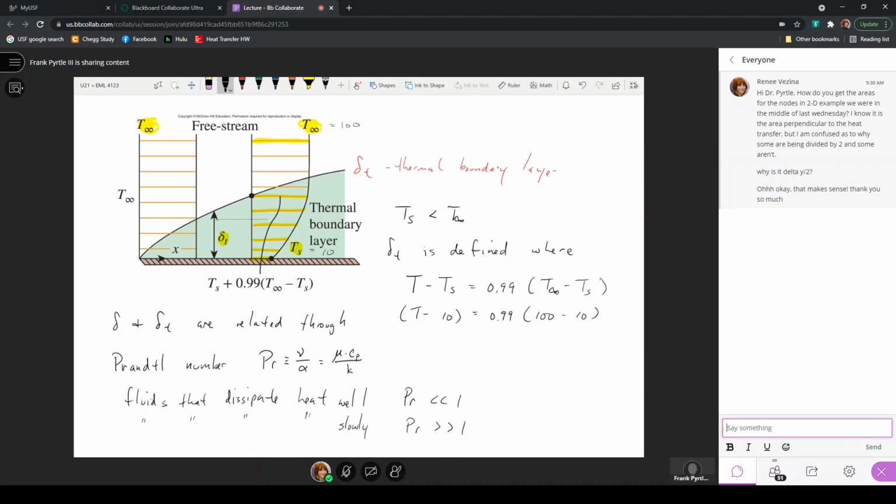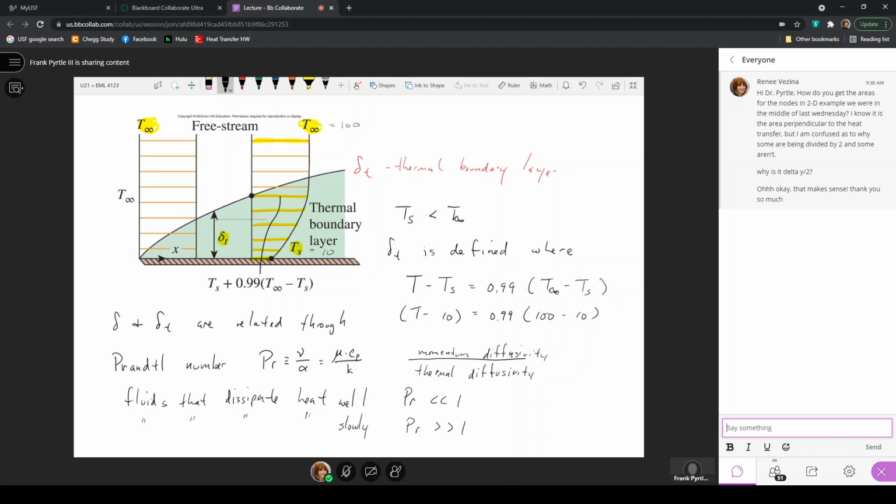This Prandtl number can be considered as a ratio of momentum diffusivity to thermal diffusivity. So according to this ratio, the higher the thermal diffusivity, the lower the value will be.